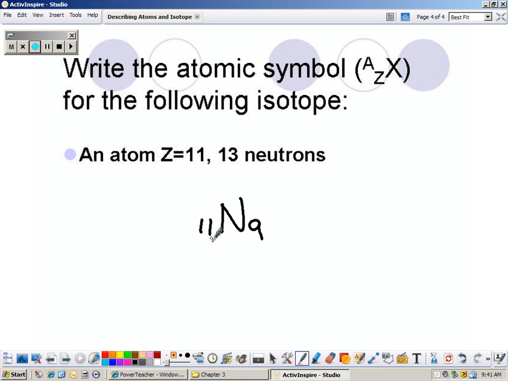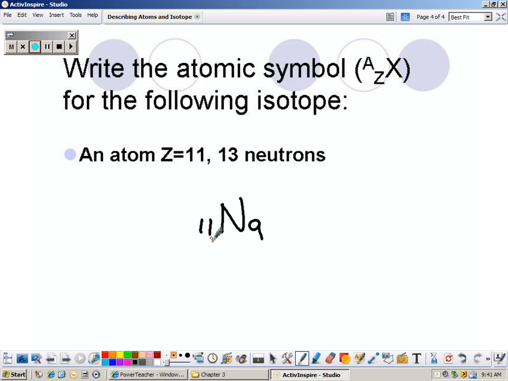And because they're giving us a number of neutrons, we don't have to look at the periodic table and then round the average atomic mass.